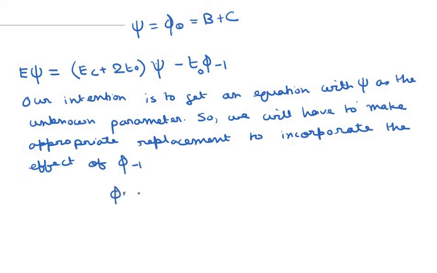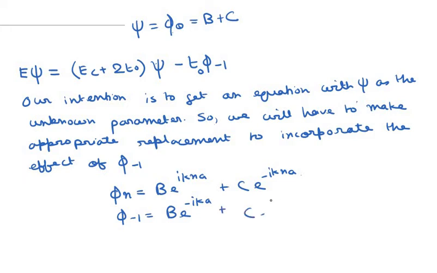So phi n is equal to b e to the power i k n a plus c e to the power minus i k n a. Okay, so phi minus 1 is just b e to the power minus i k a plus c e to the power i k a.